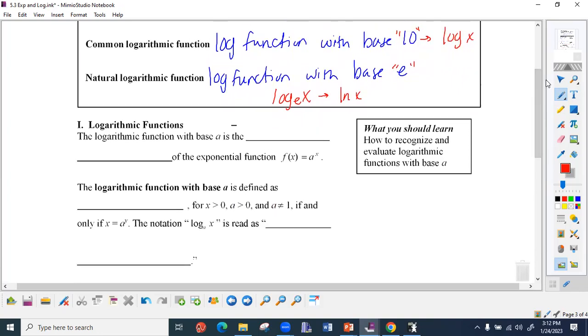All right. Log function. The log function with base a is the inverse function of exponential function f of x equals a to the x. What is the purpose of an inverse function? Anyone?